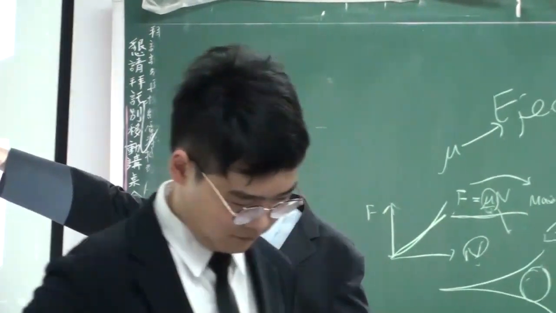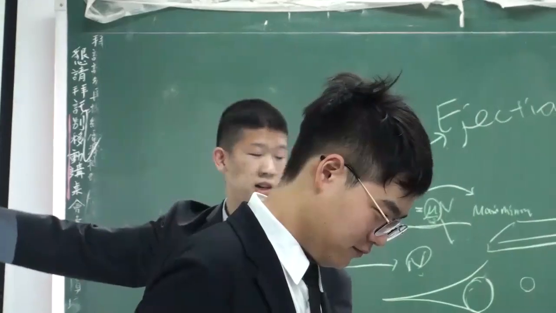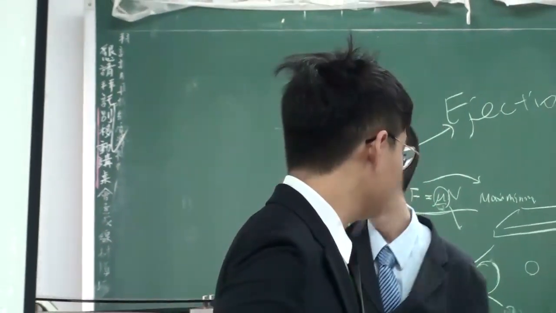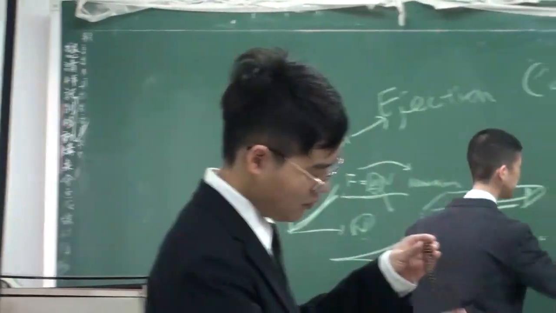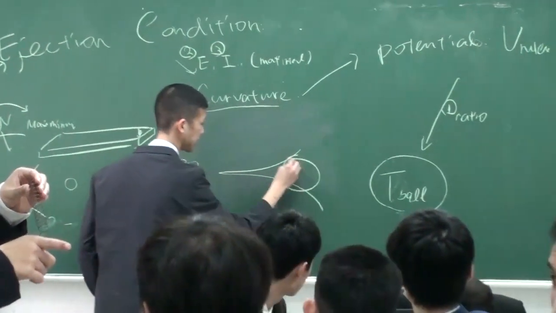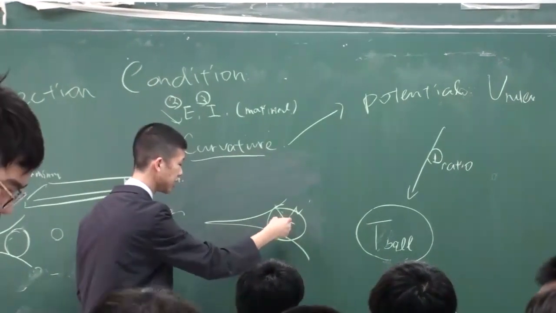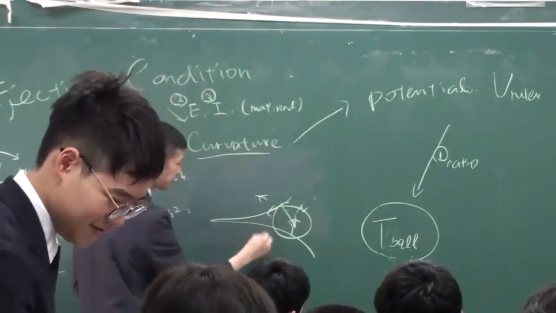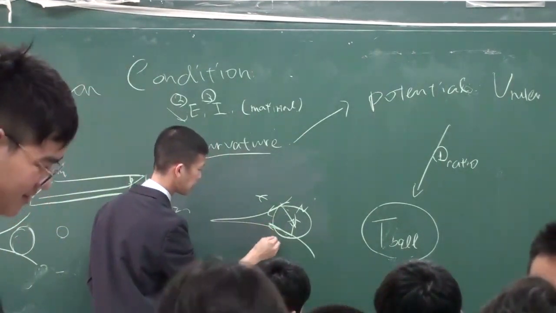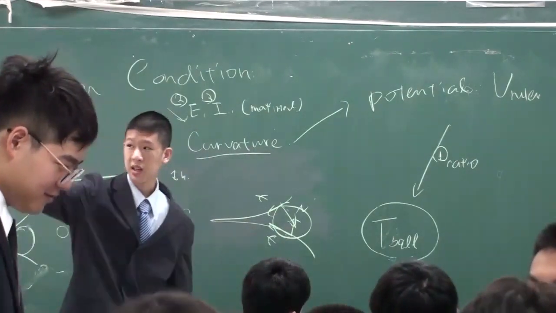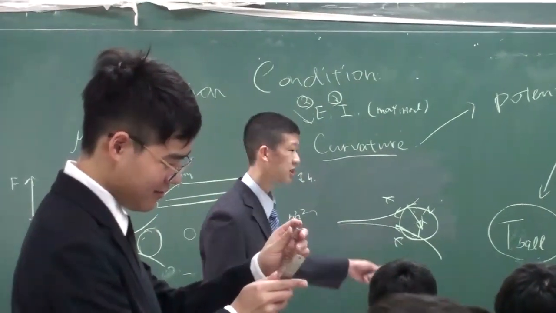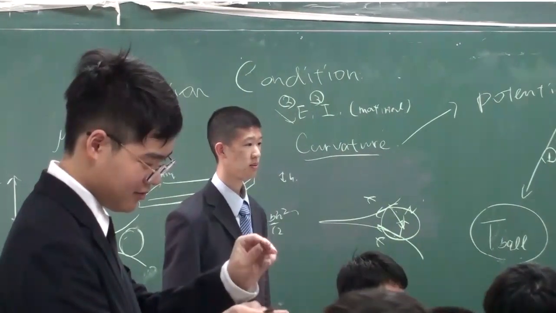because this is geometric. This is N, this is 2N, and this is F. So I think if the mu is constant, then tangent theta is constant.